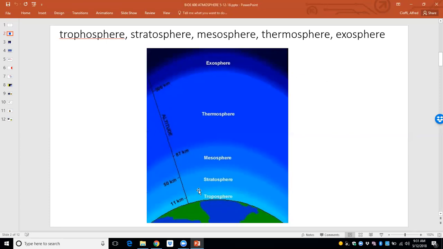All right, so again, troposphere, where life occurs, then stratosphere, most of the weather formation up until that level, mesosphere, middle layer, transition, thermosphere, starts getting very cold, and then exosphere, the transition to space.